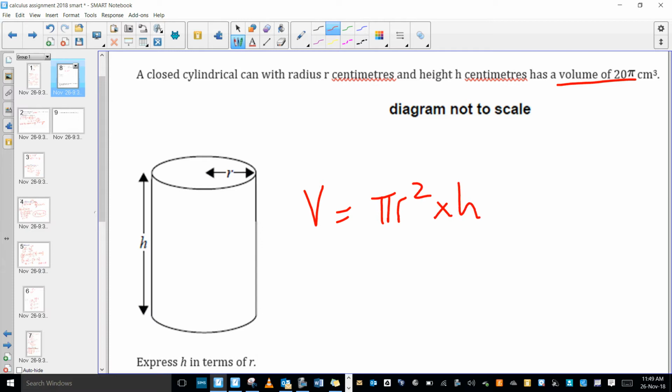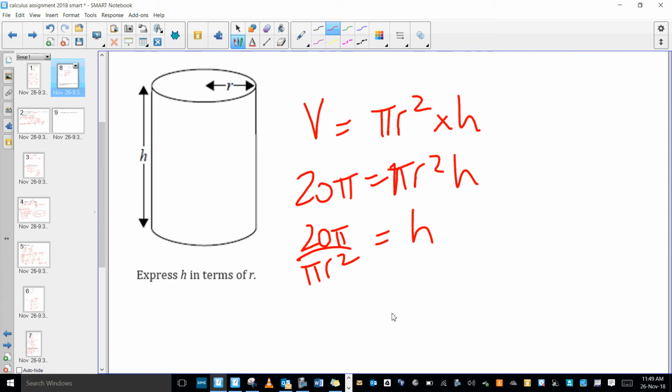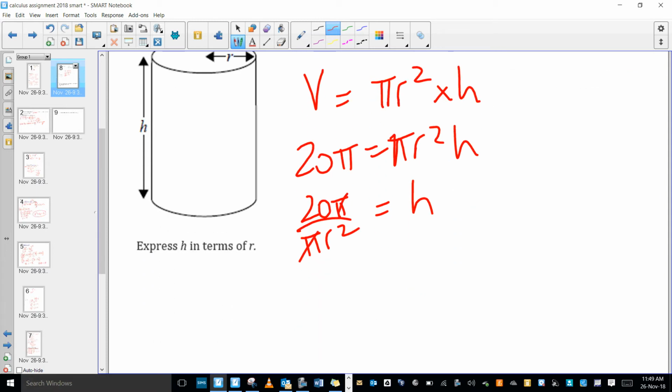You can find that in your formula booklet. So if that is 20 pi, then rearranging this to find h would be 20 pi over pi r squared. Our pi's cancel, so h is 20 over r squared.